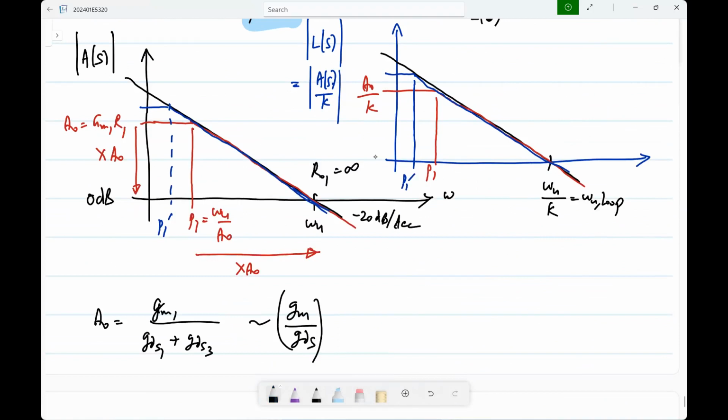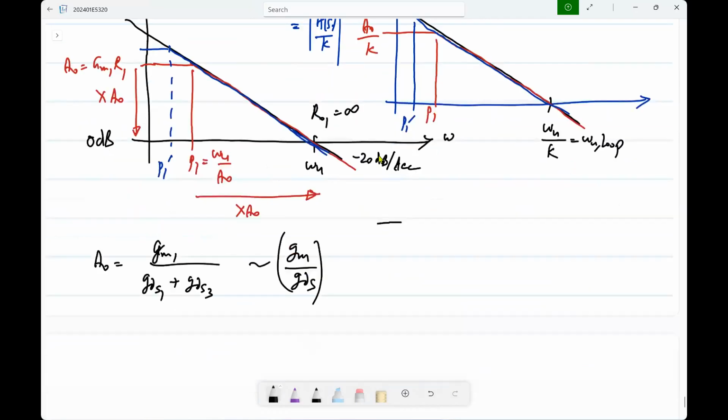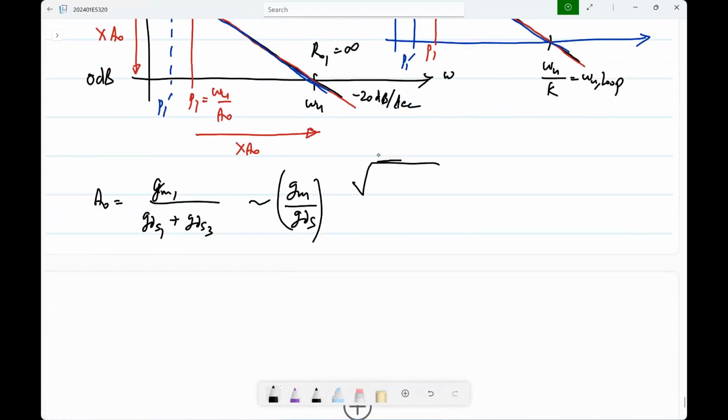Now this is an inherent property of the MOS transistor, and this increases as you increase the channel length, right? For a given bias current, what is GM? GM is square root of 2 mu Cox W by L times I naught, where I naught is the bias current, and GDS is lambda times I naught.